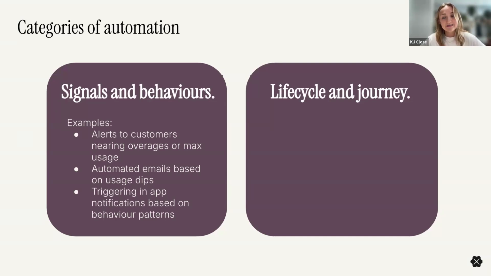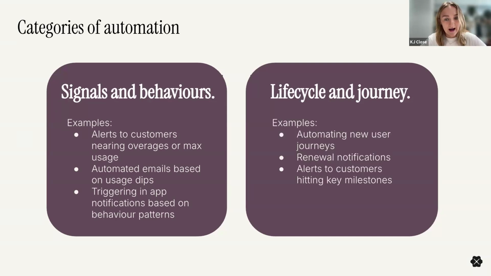The second is life cycle and customer journey related. So think about the things that you always want to happen and always need to happen. So new customer journeys, renewal flows, how to regularly deposit value into a customer's life cycle. The most mature CS orgs combine these two things together when they're thinking about their automation strategy.